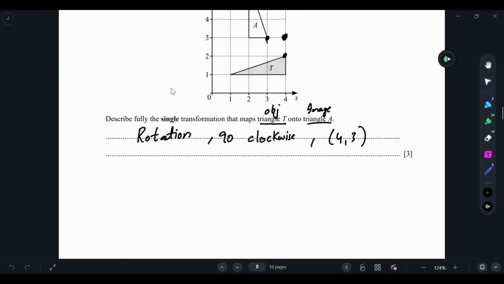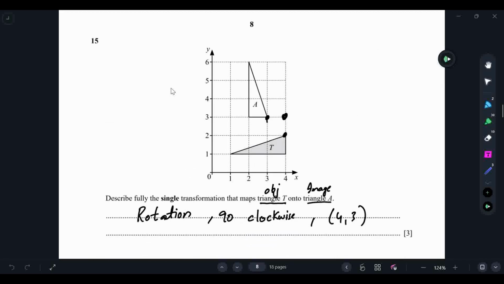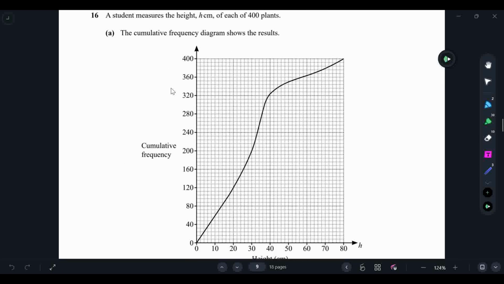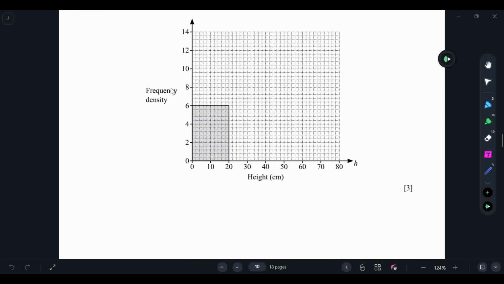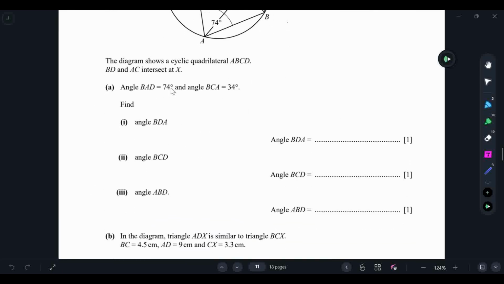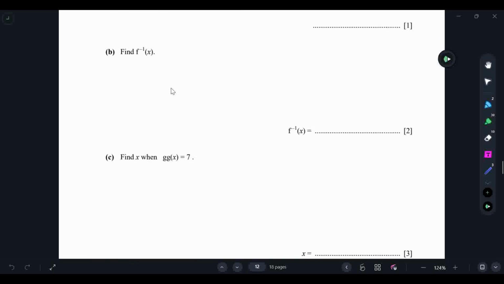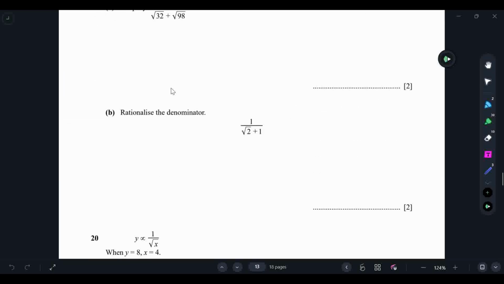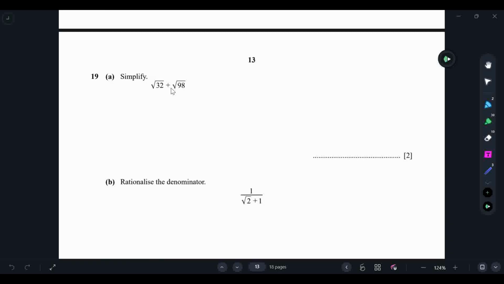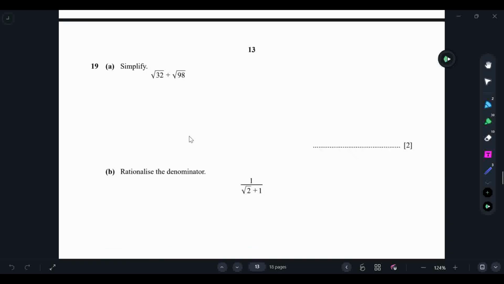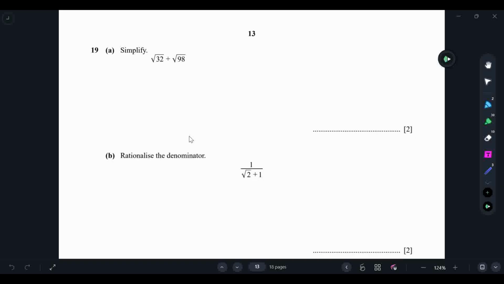I think that is it for today. From 16 onwards, we will discuss the remaining questions in the next class, and it will be very interesting for you to see the second part, in which we will discuss surds.